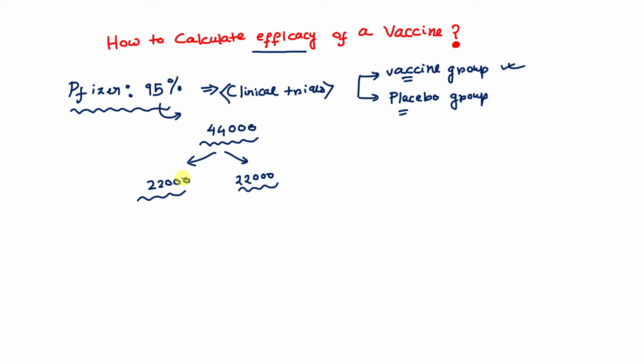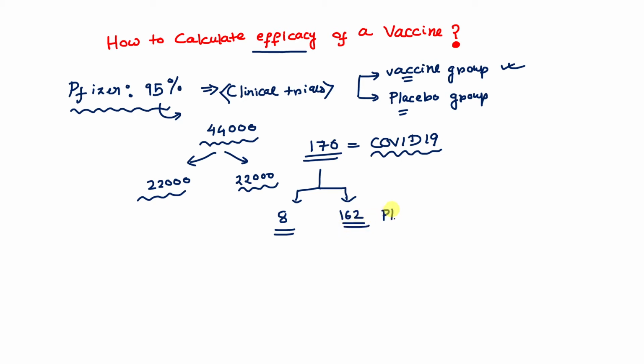During the clinical trials, it was found that out of the 44,000 people, a total of 170 people were affected by COVID-19. When they looked at the details, they found that among the 170 people, 8 were from the vaccine group and the remaining 162 were from the placebo group.